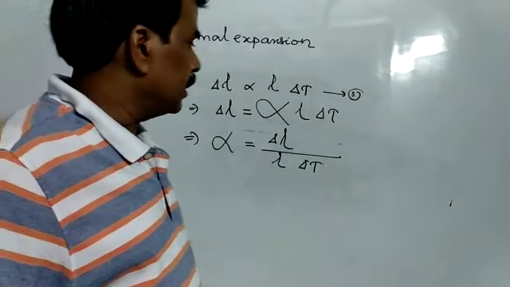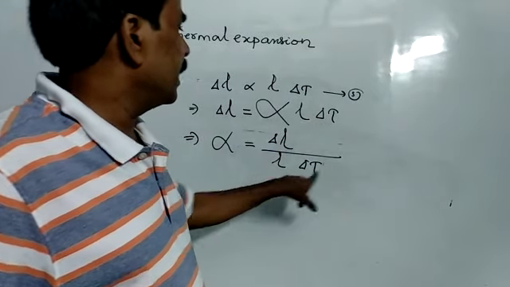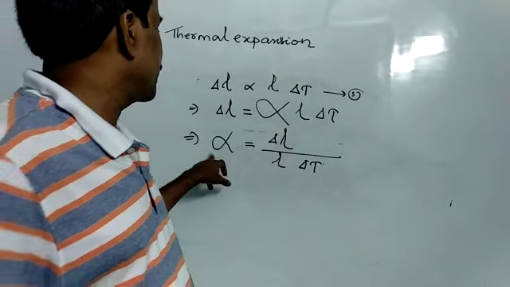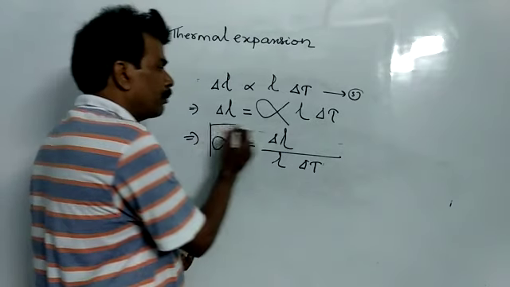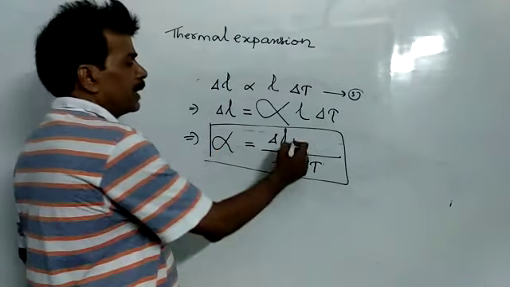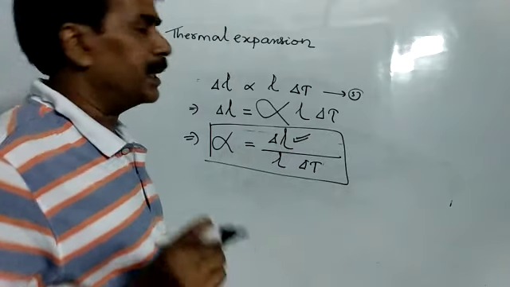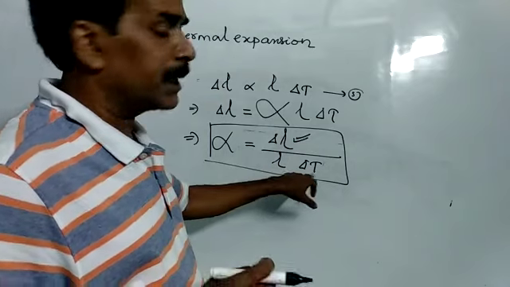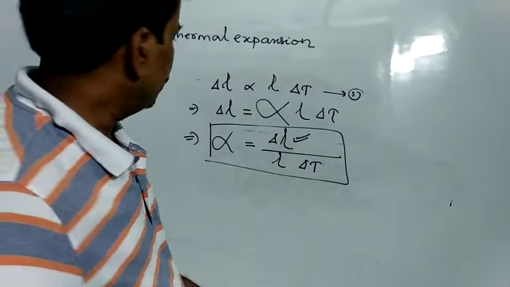Increase in length divided by original length into increase in temperature. So you can write this alpha, or coefficient of linear expansion, is equal to increase in length divided by original length into increase in temperature, right?